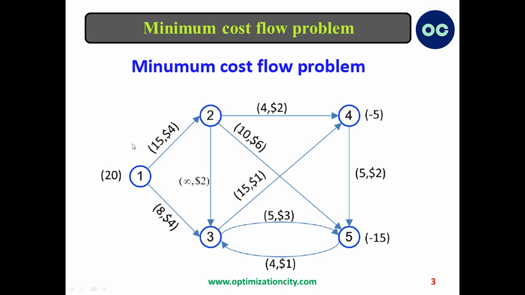Moreover, the number in the parentheses next to the circle represents the available supply and required demand at each node. In this diagram, node 1 is a starting point with a supply of 20. Node 4 and node 5 are the destinations that require 5 and 15 units respectively, indicated by the negative sign.